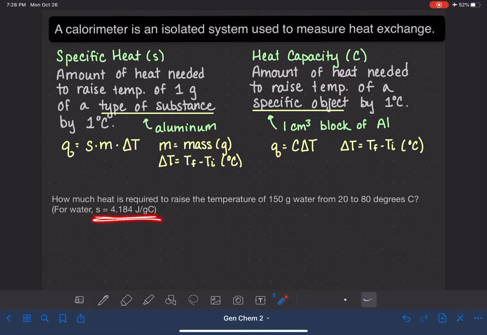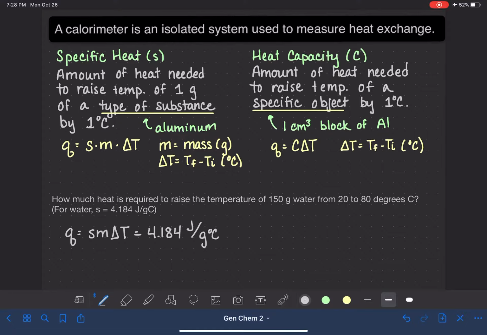Since we've been given the value of the specific heat for water, that's a big hint that we should be using the q = SMAT equation. q equals S M delta T. The problem is telling us that the value of S is 4.184 joules per gram degrees C. We want to multiply that by M, the mass of water, which in this problem it tells us 150 grams.